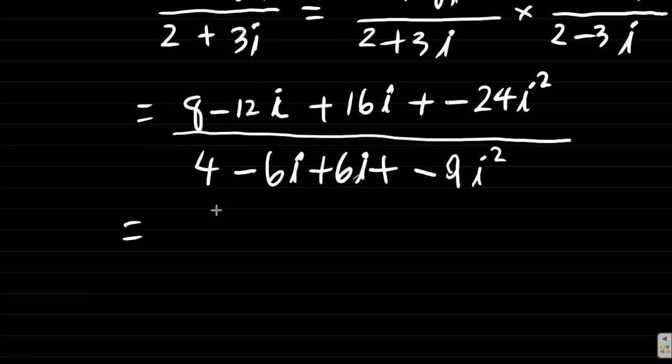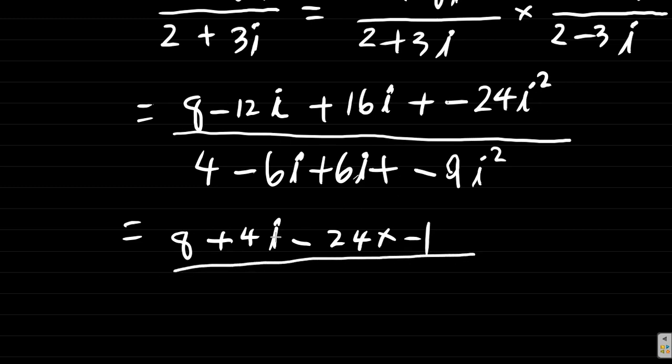So what happened after that? Up top here, we have 8 minus 12i plus 16i gives you what? 12, 13, 14, 15, 16, it's going to be a plus 4i. Then minus 24 times i squared, which is negative 1. See that?